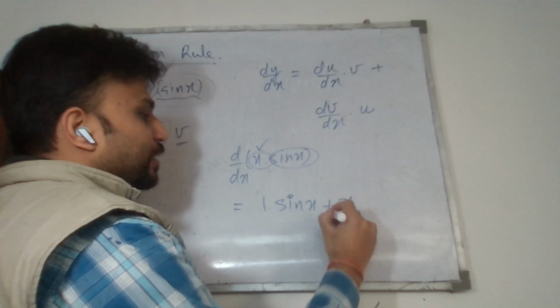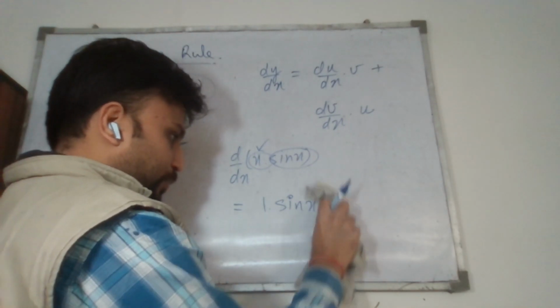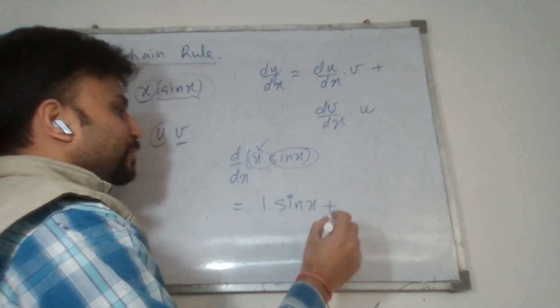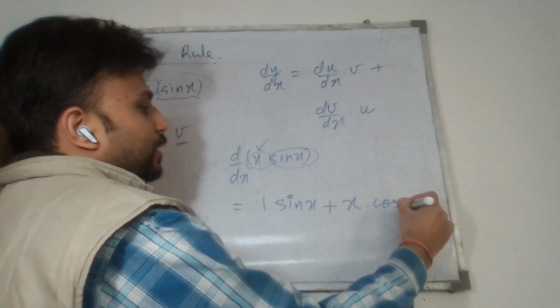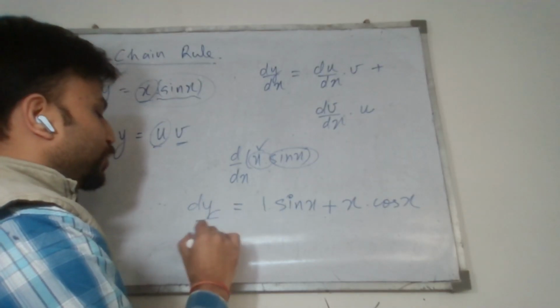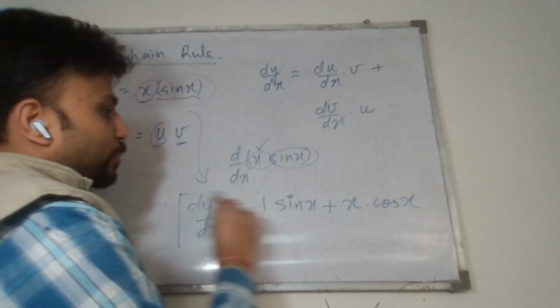Then x as is, putting the plus sign, x as is, and differentiation of sin x, which is cos x. So this is the differentiation of x sin x using the product rule.